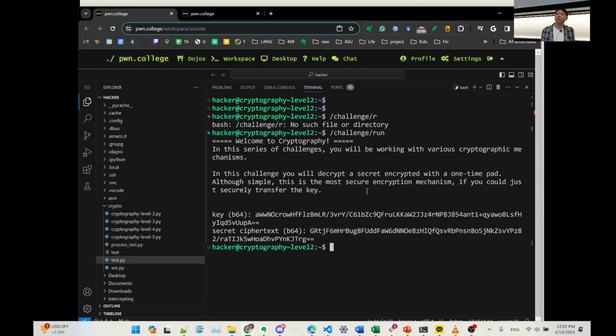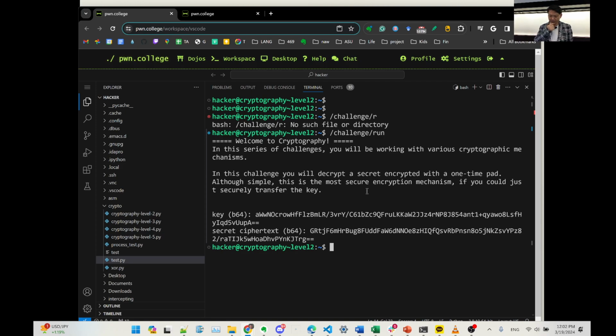So one-time pad, what kinds of operations are used? XOR between the key and the plain text we can get the ciphertext, right? In the reverse process, to decrypt the ciphertext, one more XOR operation gives us the plain text.